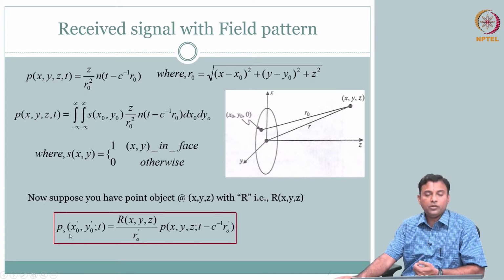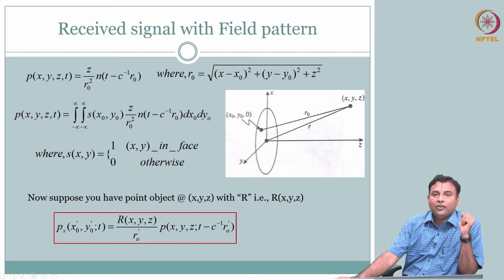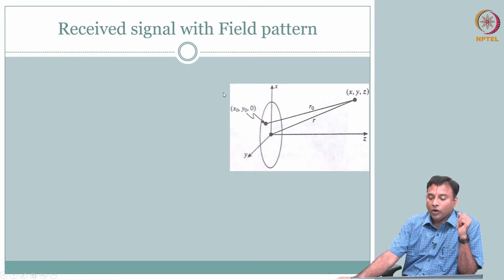So, that is what your scattered wave is. Okay. So, this is the response from one point. So, what would we like to know? What are you going to receive? See, the point is, when you receive also, you are going to receive from all the points.